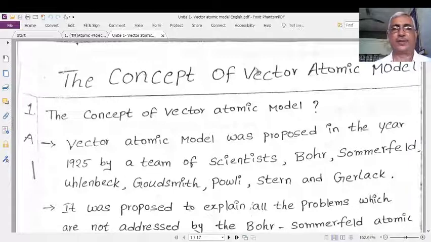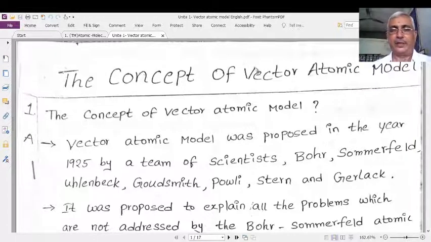In this video class, we will discuss the vector atom model and the quantum numbers that are associated with the vector atom model. What is an atomic model?